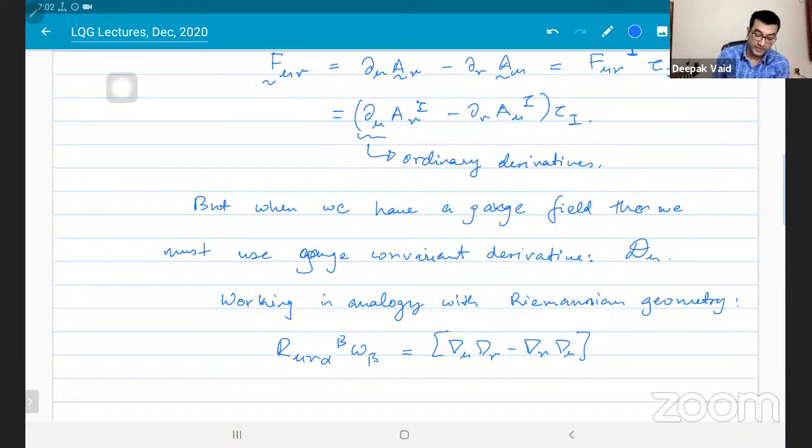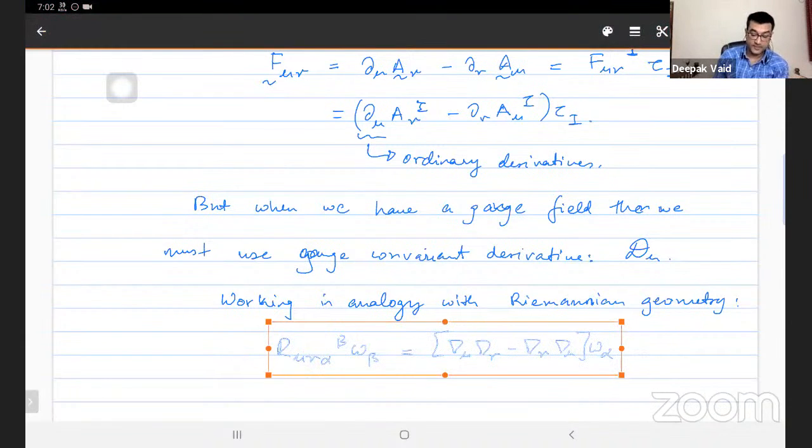I can equally well write it as the action on some vector field just by raising and lowering this beta index. It's not going to make any difference, right? So this is the definition of the Riemann tensor, right?